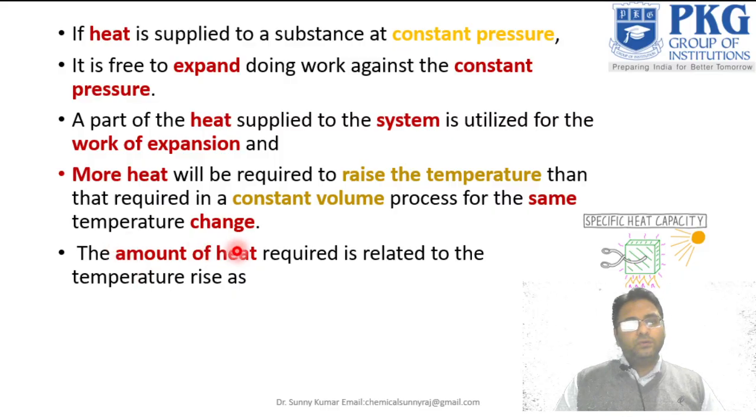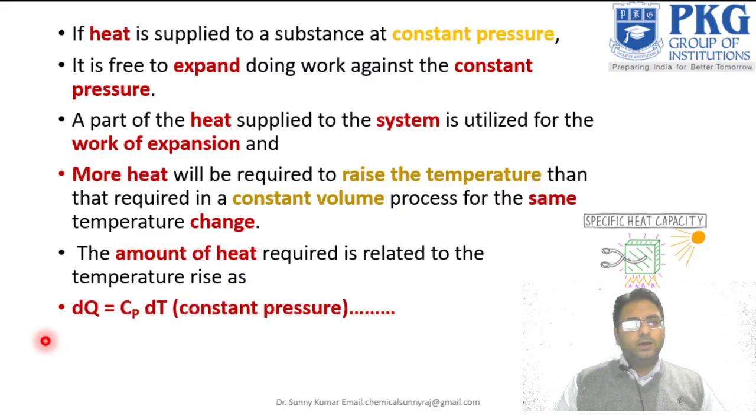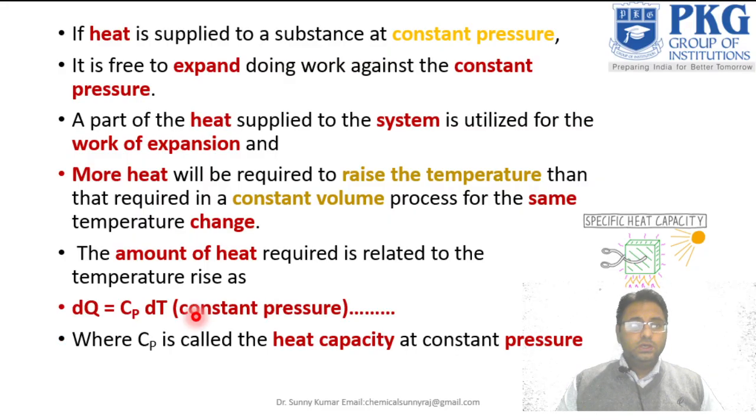So the amount of heat required is related to the temperature rise. So at constant pressure, when the volume is changing, dQ = Cp dT. So Cp will be the heat capacity at constant pressure.